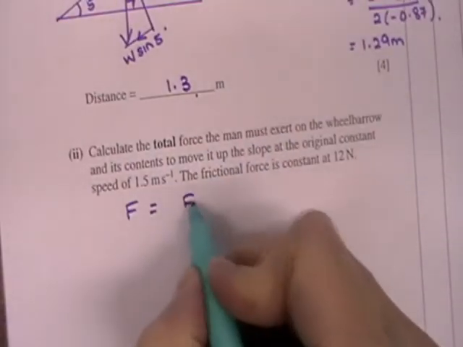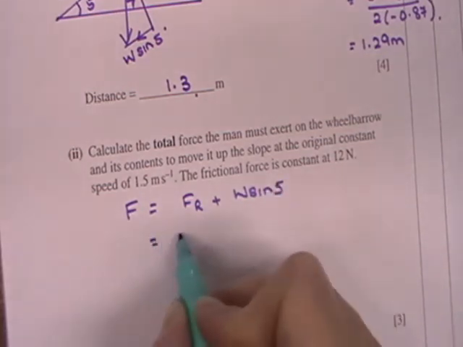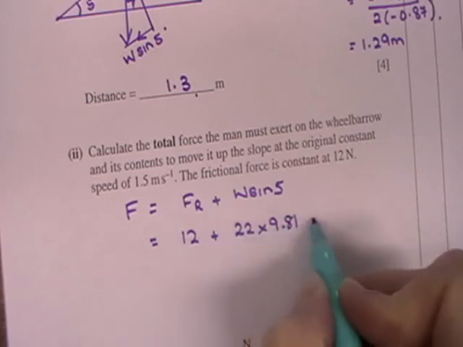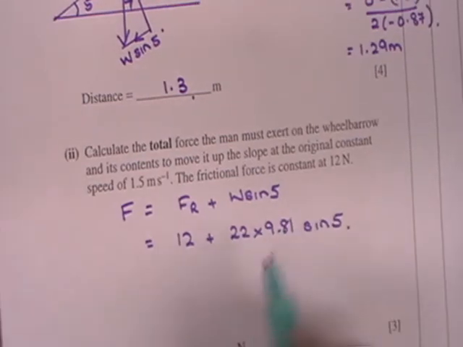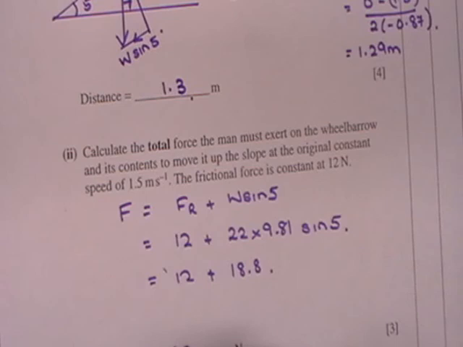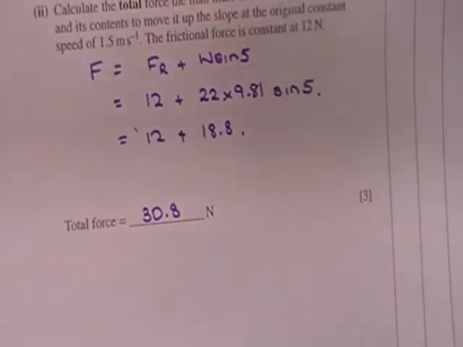So that's FR plus W sine of 5. And that's equal to 12 plus 22 times 9.81 times the sine of 5, and that's equal to 12 plus 18.8, and that gives you 30.8 newtons. There's your final answer, 30.8 newtons.